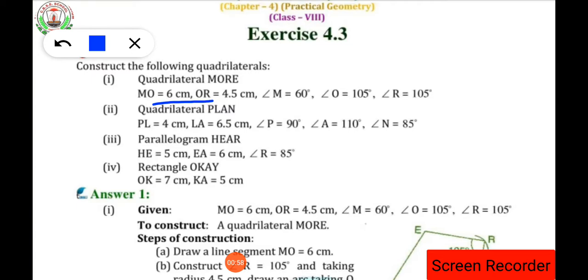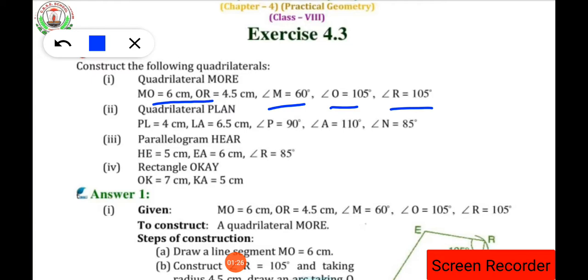Then the measurement of the angles, angle M, angle O and angle R is given. In the previous exercise we had only constructed the quadrilaterals with the help of the measurements of the different sides. Here in this exercise 4.3 we are going to construct the quadrilateral with the measurement of the sides as well as with the angles. So here angle M, angle O and angle R are given.